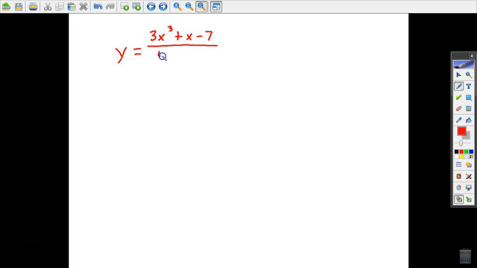Now you have to be careful here, because some people might just jump right in and say, oh, well, my horizontal asymptote is y equals 3/5. Well, hold on a minute, because if you notice, the numerator is in standard form, but the denominator is not.